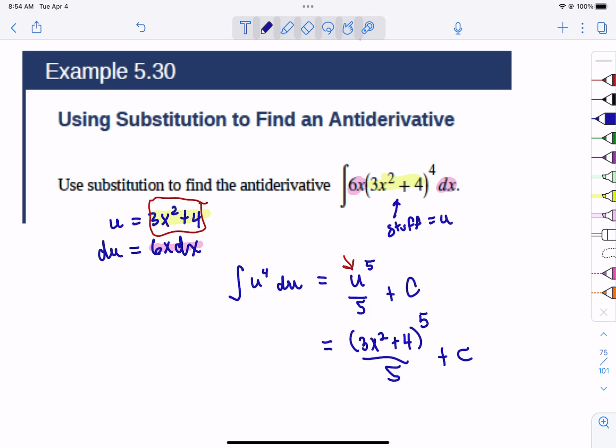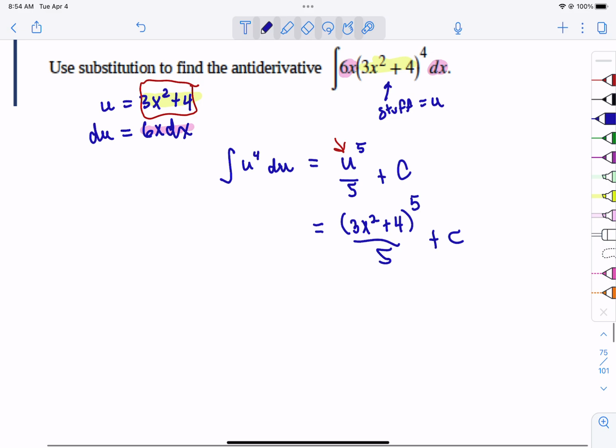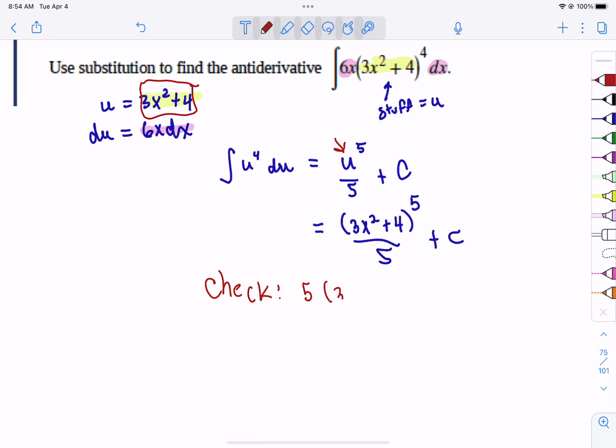Now, how could we check this? Well, let's do a little check here. Are we right? Well, the derivative of an integral is the function inside. So if we take the derivative of that, we should see the function inside. And so let's do the derivative. The 5 would drop down in front. The power dropped down by 1. We would multiply by the derivative of the inside.